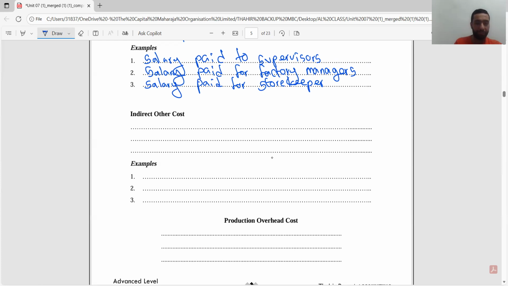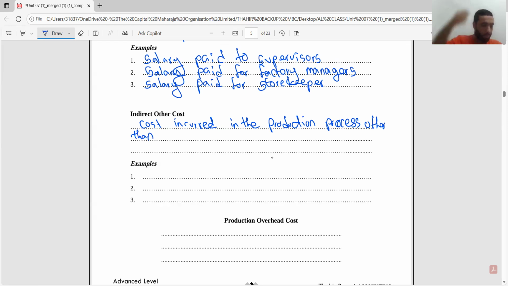Indirect other cost. Cost incurred in the production process other than indirect labor and indirect material.